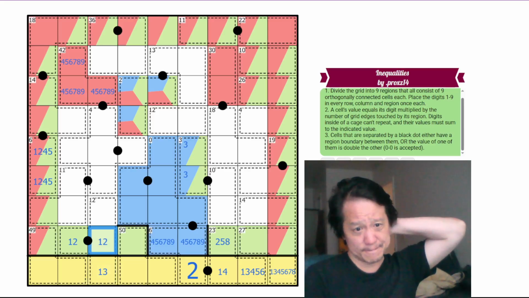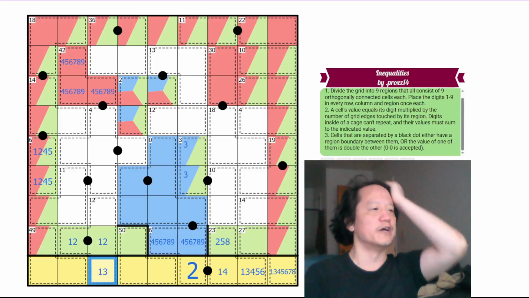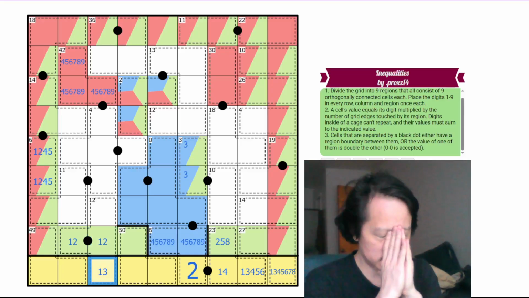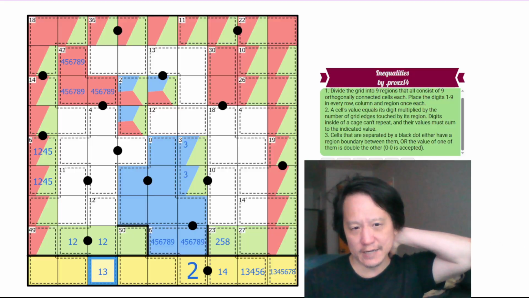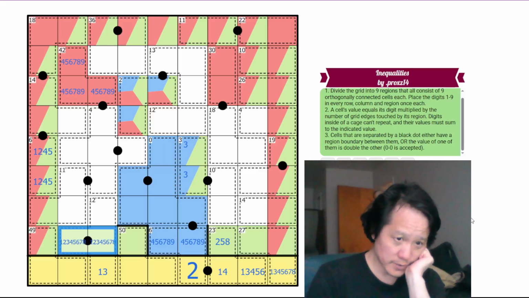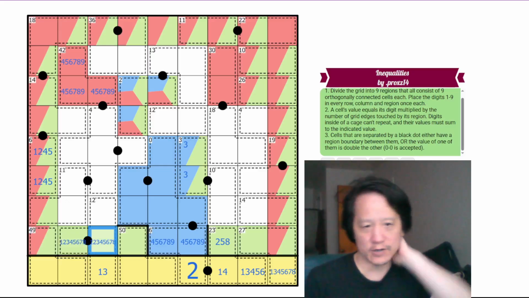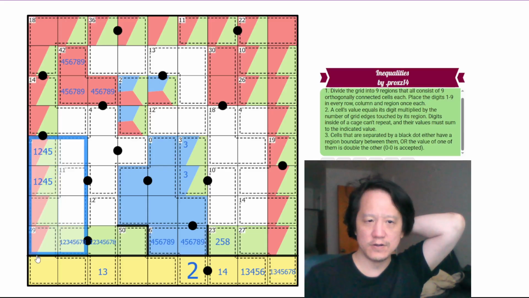Plus 3. Or this is 1. That's 3, so this could add up to 9. So technically we could have 1 through 8 here, because these could be 2 completely different regions. Right? We could have... Is that possible?